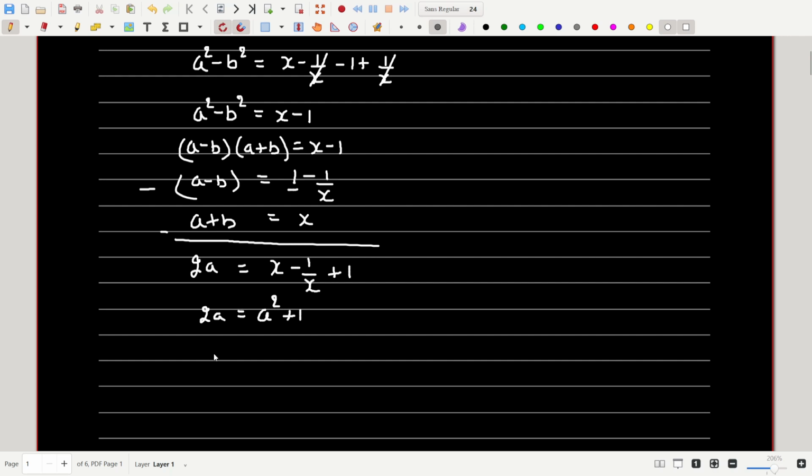Let us bring this 2a on the same side as a square minus 2a plus 1 is equal to 0. Now if we factorize this, we will get (a minus 1) squared is equal to 0, which means a is equal to 1.